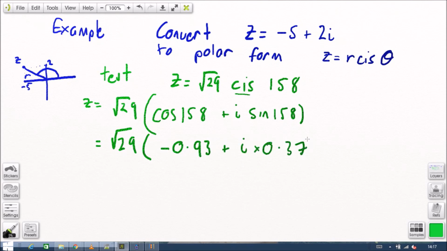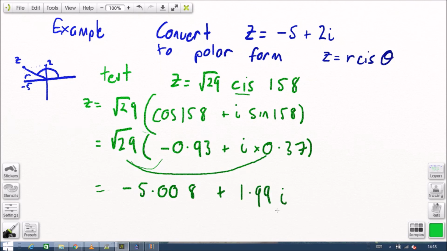I've just rounded a little bit, plus i times 0.37. I'll just expand this out. Root 29 times 0.93, that's negative 5.008, and the imaginary part is going to be 1.99i. So as you can see, that's pretty close to the correct numbers, so this method worked.